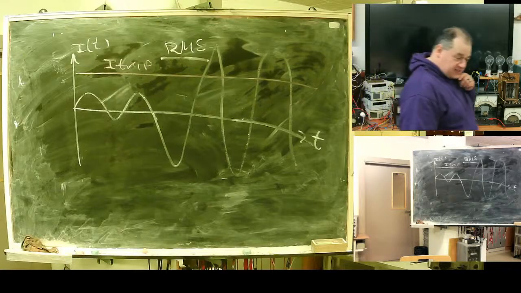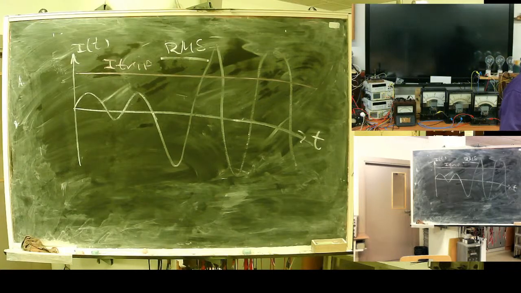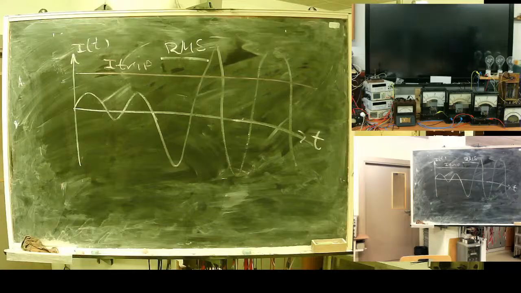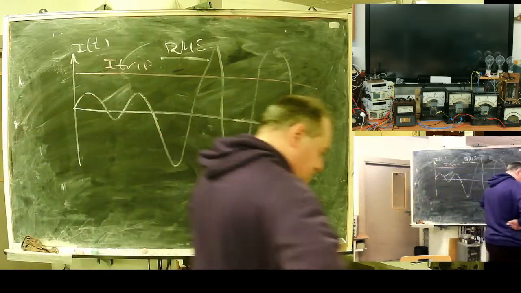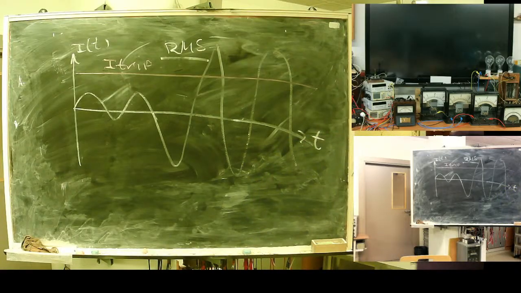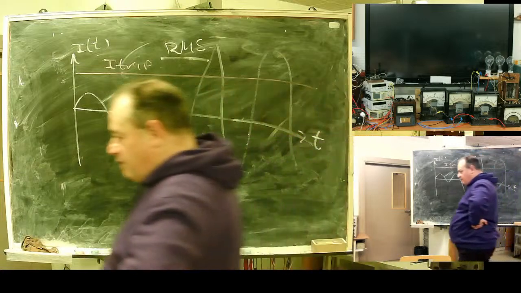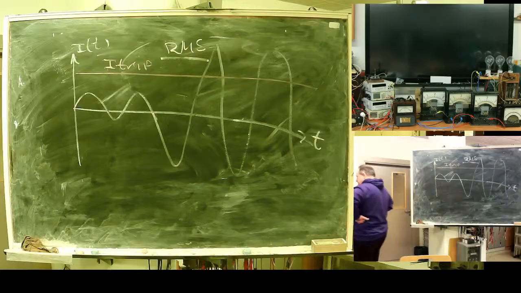Ask your AI assistant, what is effective value or RMS? What's the physical meaning of these meter readings?